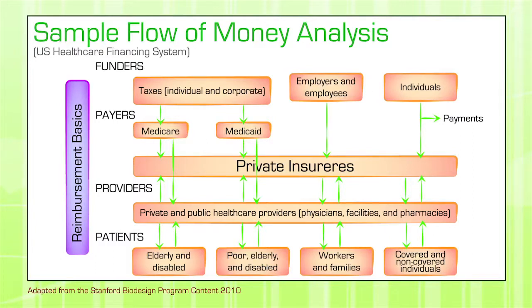But it's also going to be something fundamental for other types of private payers and insurance companies. So you should know that a sample flow of money analysis, and an analysis of how these economic factors interact with each other, require an analysis of reimbursement and how this reimbursement is given, to whom and when, with the procedure that is specifically important for you in your device.